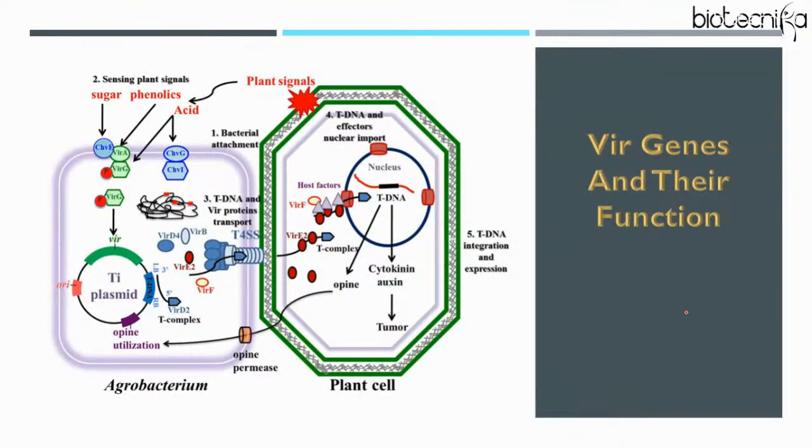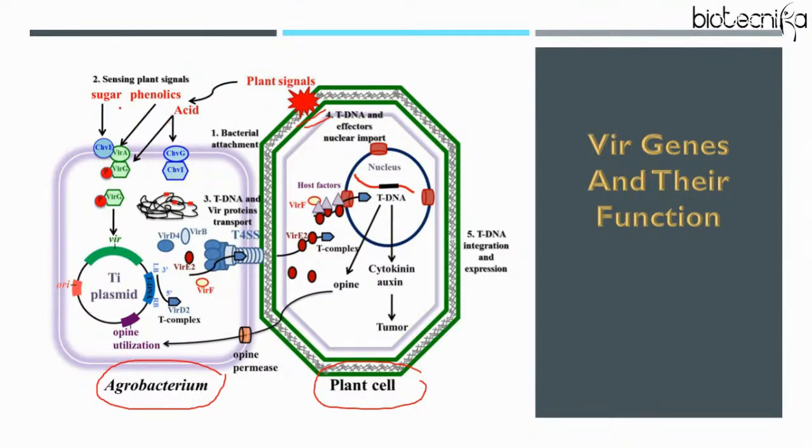So, if you look into the overall mechanism, how exactly this gene transfer takes place, here I have the image for you. So, this is your Agrobacterium and this is your plant cell, right? So, the plant has undergone some kind of injury. So, it is releasing the signal.